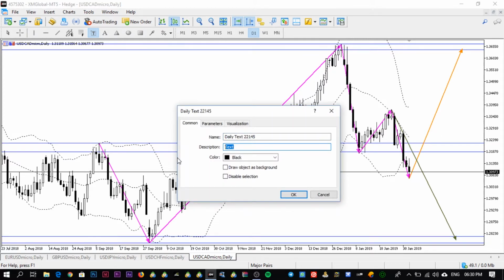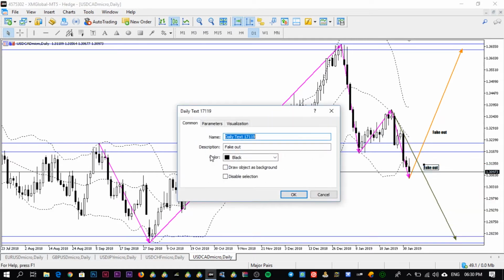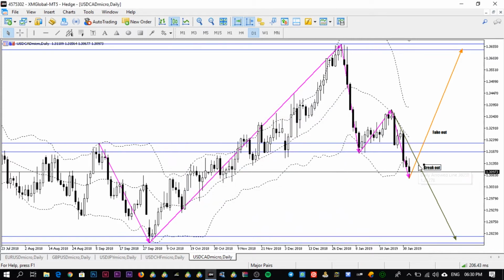It's a possible fake out or a continued push of the breakout towards our area of support.